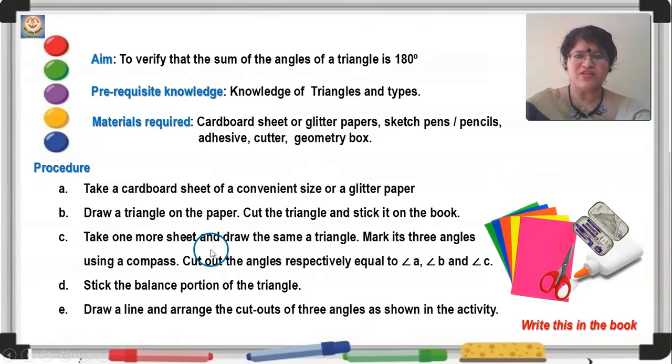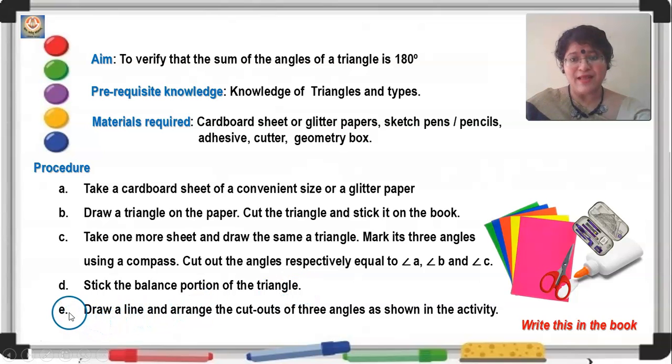When I talk about a sheet of paper here, I'm talking about a small sheet of paper, right? In that sheet of paper, draw the same triangle and mark its 3 angles with the help of a compass. Then you cut out those angles, that is angle A, angle B and angle C. And after you cut it, the balance portion, you are going to stick in the MathLab book.